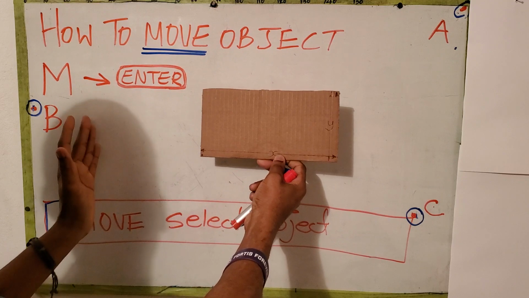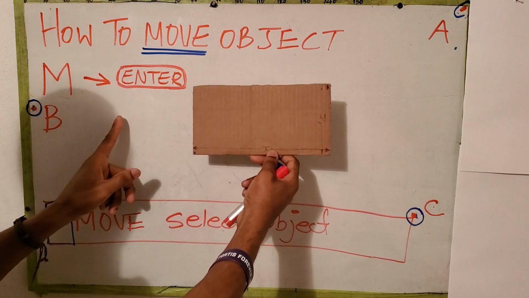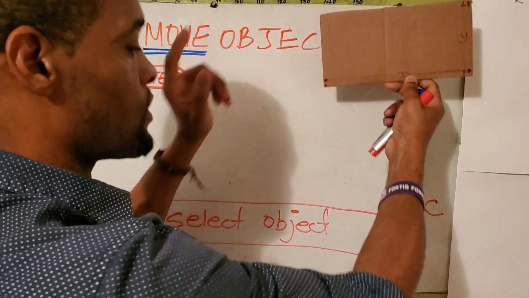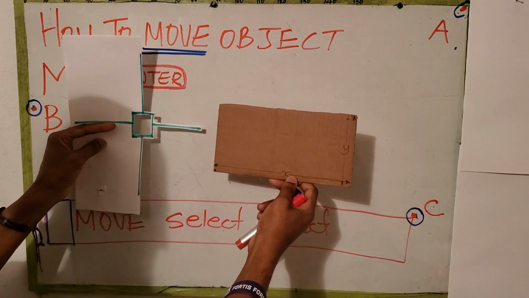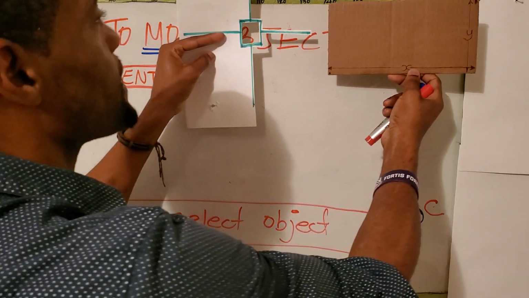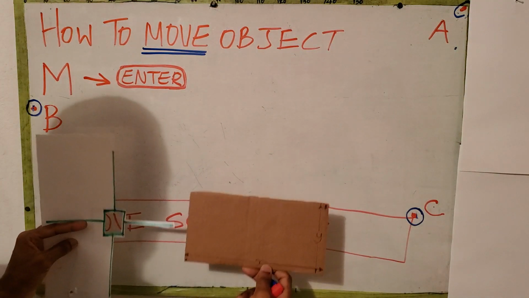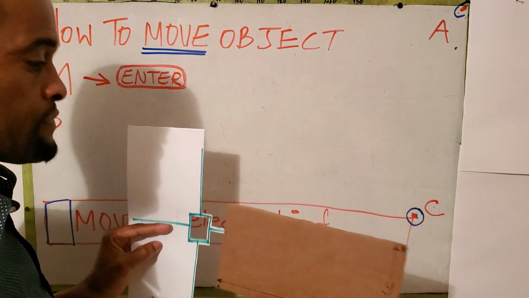I could even choose some place on the screen as the base point. If I choose here, the same distance will be maintained everywhere I go. All right. So if I click here at this point, wherever I move, that distance will be maintained anywhere that I go. All right. So it is very important to take note of that.